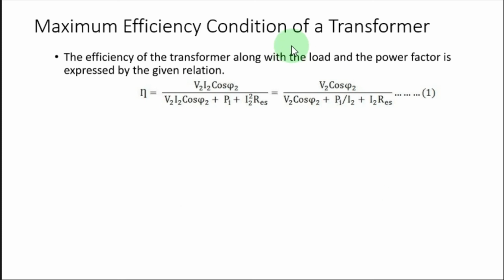So if you divide this by I2, it is V2 cos phi 2 over V2 cos phi 2 plus Pi over I2 plus I2 into RES. This is the winding loss.